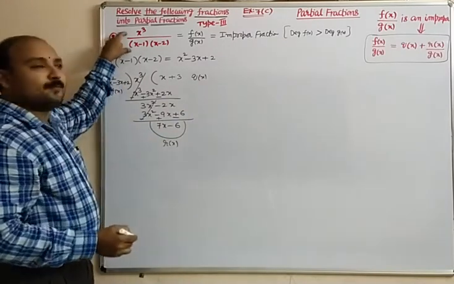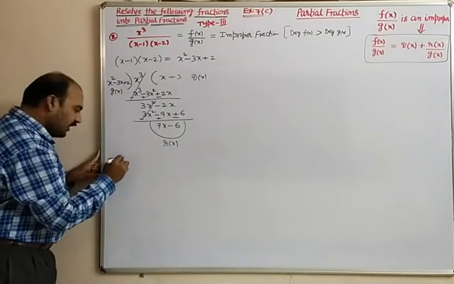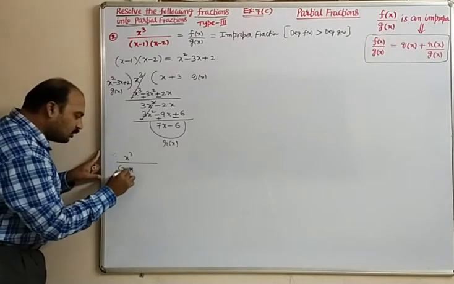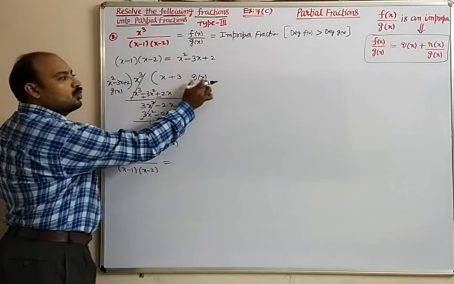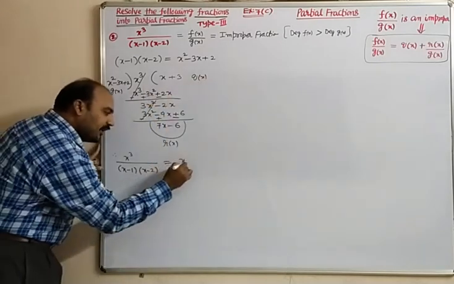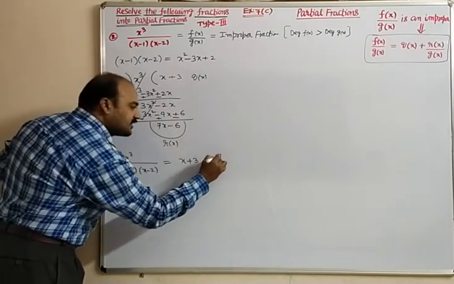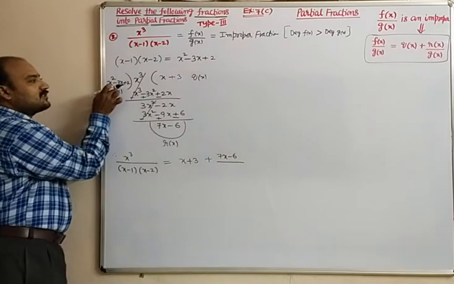Now the given improper fraction can be written as, therefore, x cube divided by (x minus 1) into (x minus 2) can be written as, first q of x, the quotient x plus 3, plus r of x, 7x minus 6, divided by g of x, x square minus 3x plus 2.